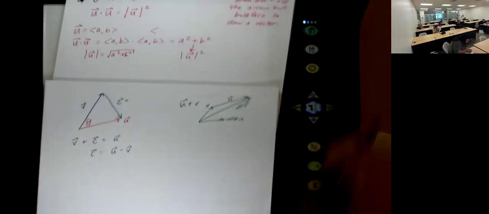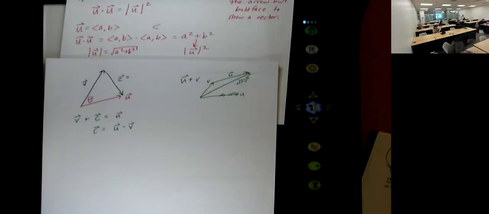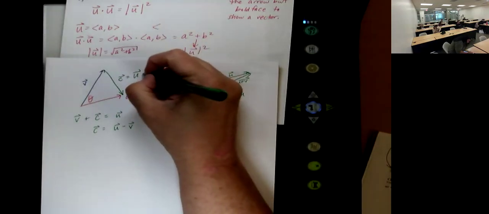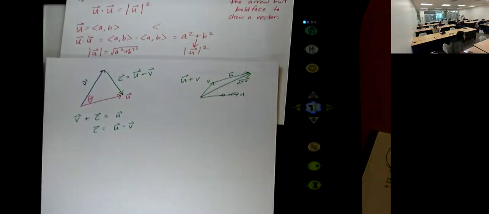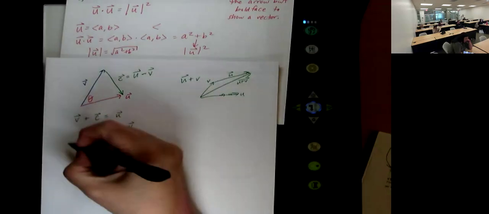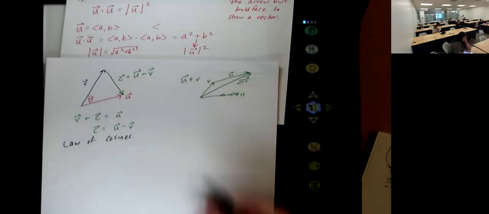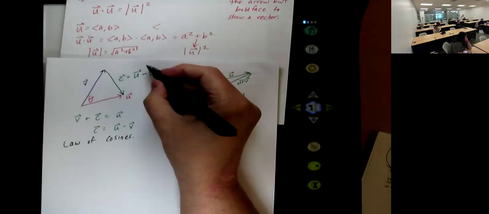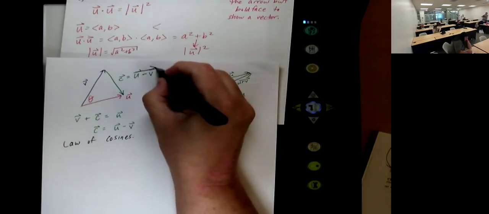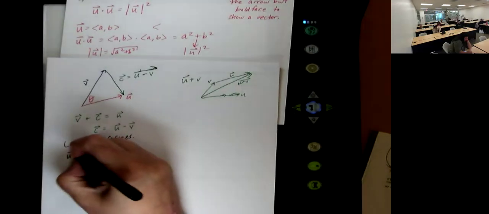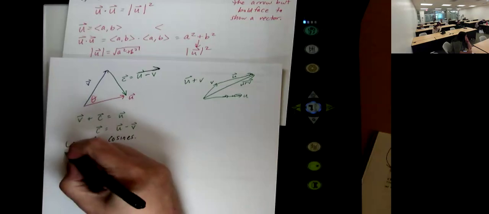Let's say I had an angle theta here, between U and V. If I use that, I can use the law of cosines here. So I've got the U minus V vector as my C vector, and we're squaring it.